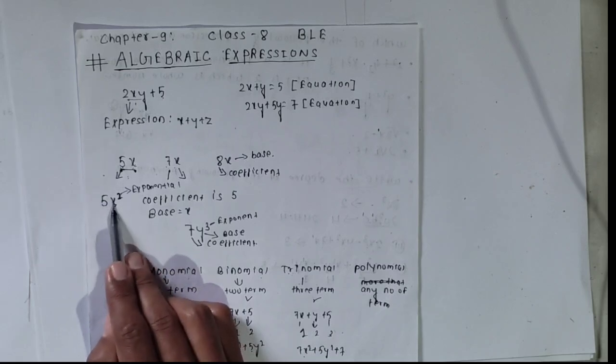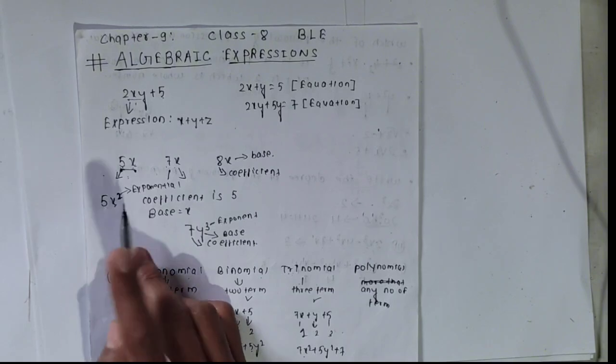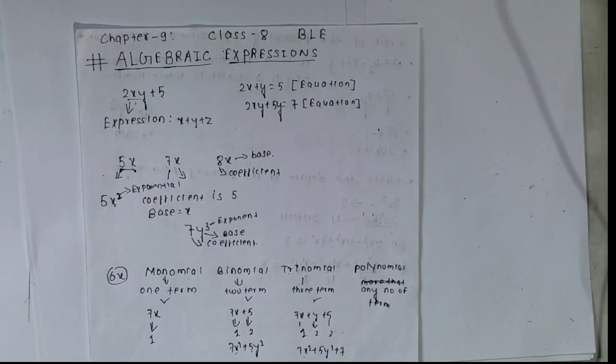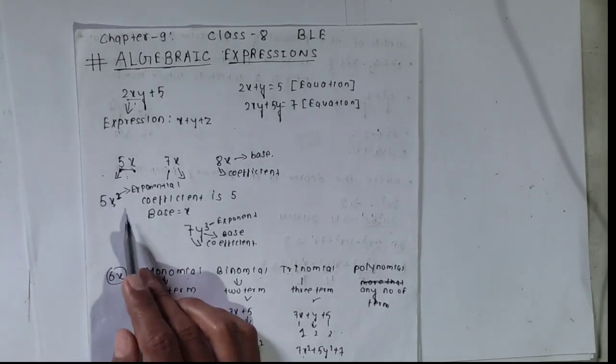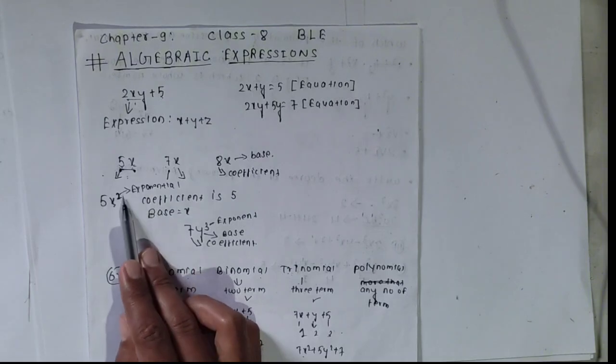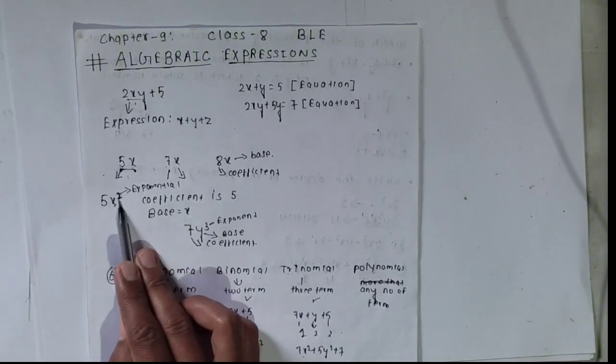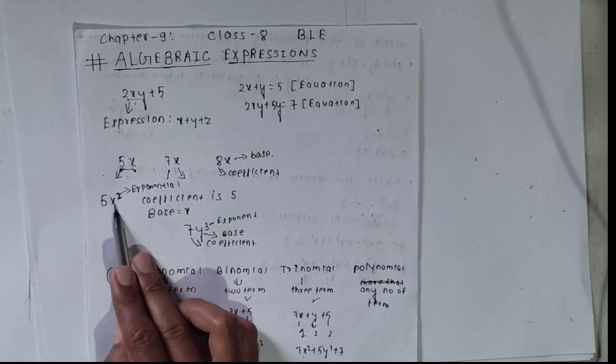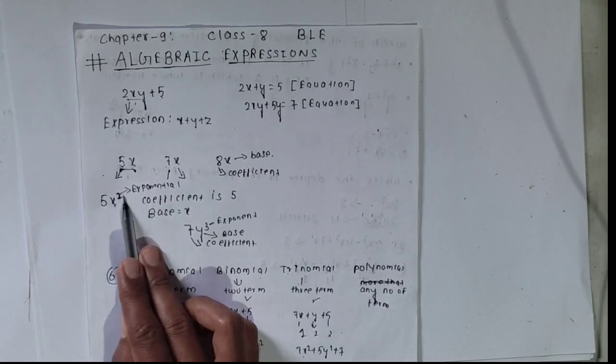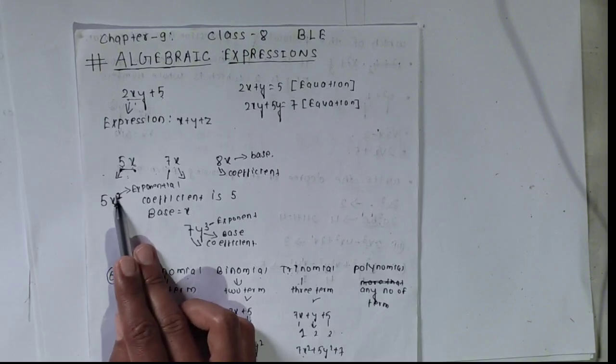Now the exponent. The exponent tells us how many times to multiply the base by itself. It is the power. In 5x squared, the exponent is 2, meaning that x is multiplied by itself twice.